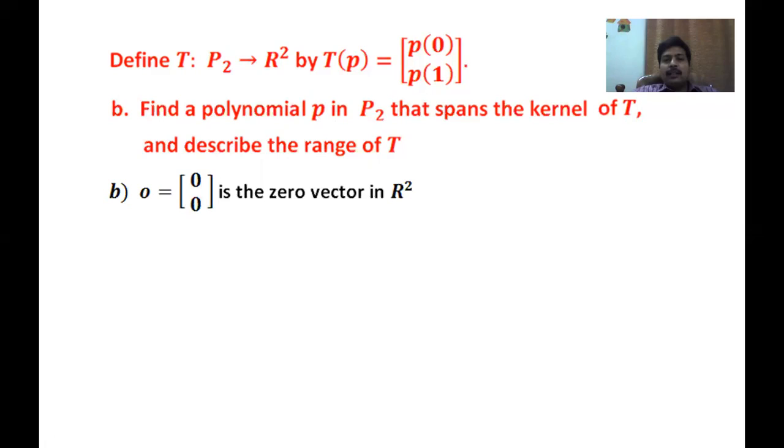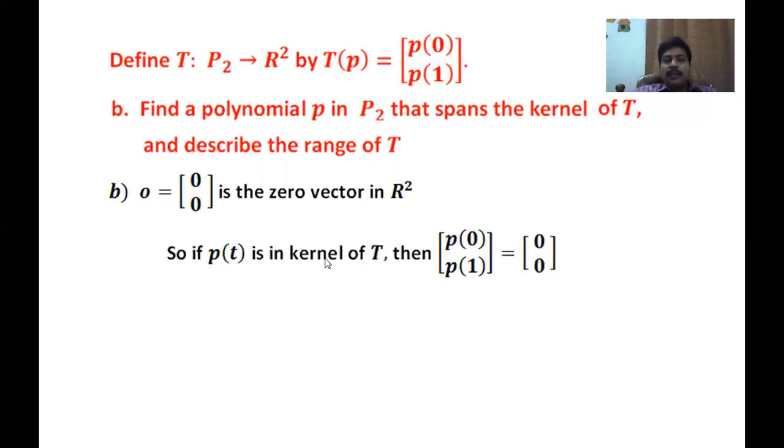So to find the kernel, first we need to find the zero vector. So the zero vector in R2 is 0, that is (0, 0). That is the zero vector in R2. So if p(t) is in the kernel of T, then this must be equal to this (0, 0). So p(0) is equal to 0 and p(1) is 0.